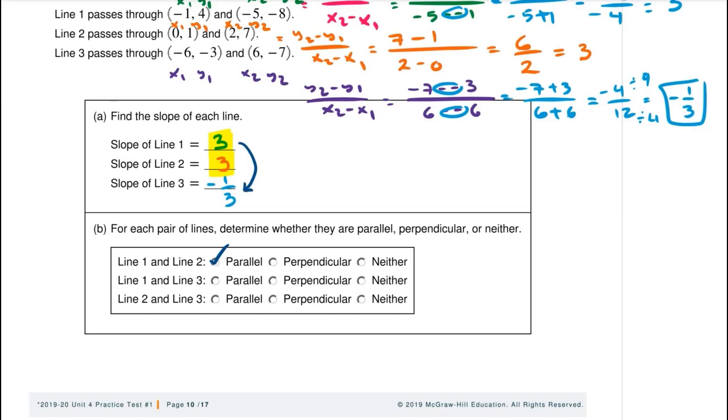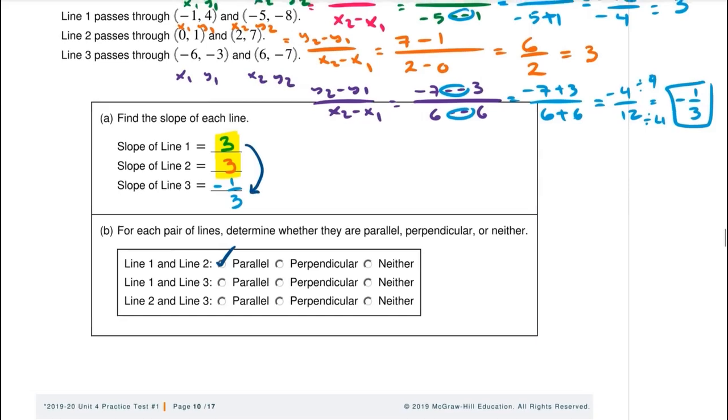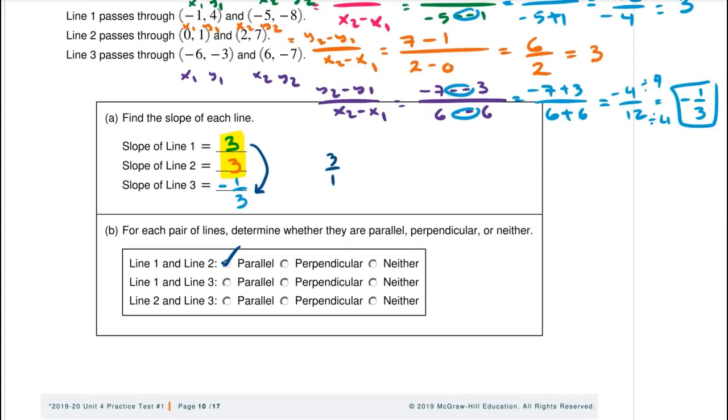However, perpendicular slopes are opposite reciprocals. So for 3 over 1, the perpendicular slope will be the reciprocal, 1 over 3, and the opposite sign, since this is positive, this should be negative. -1/3 matches, which means they are perpendicular. So 2 and 3 are also opposite reciprocals of each other, so they are perpendicular as well.